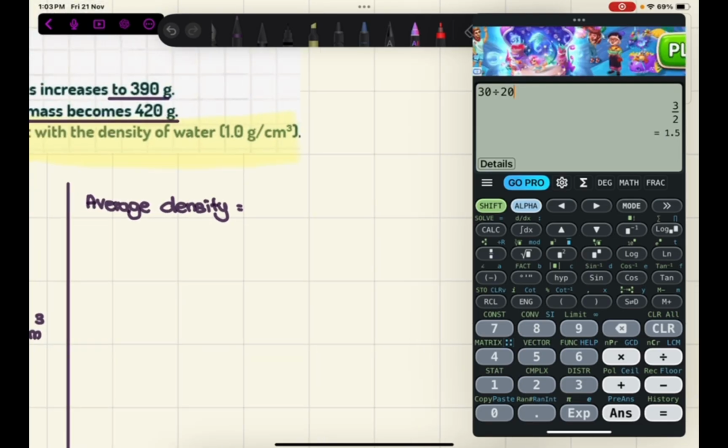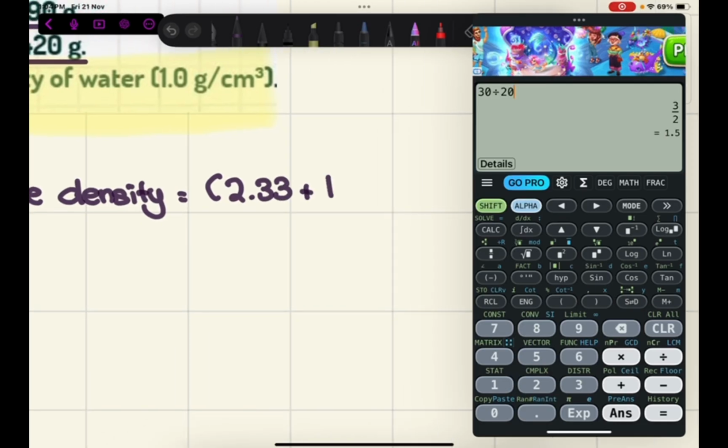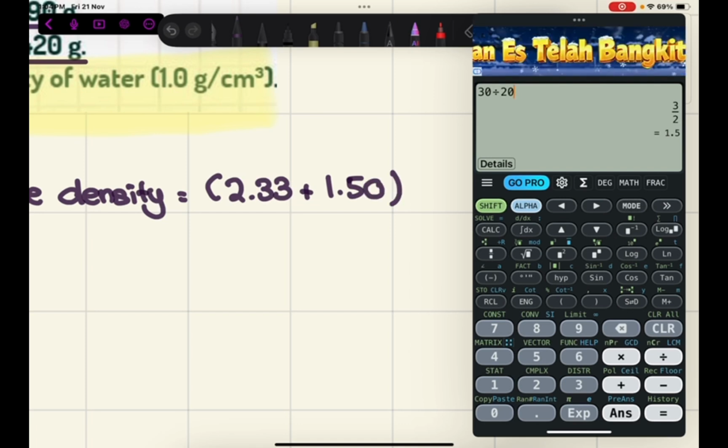But in this question we have only 2 liquids, right? So what we need to do is 2.33 plus 1.50, divided by 2, because we have 2 liquids.